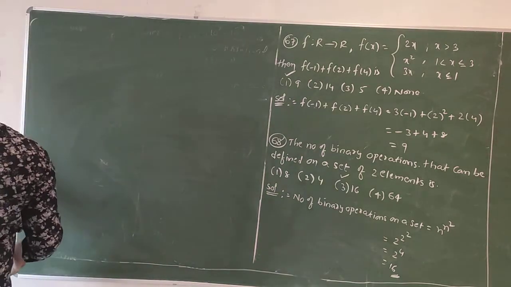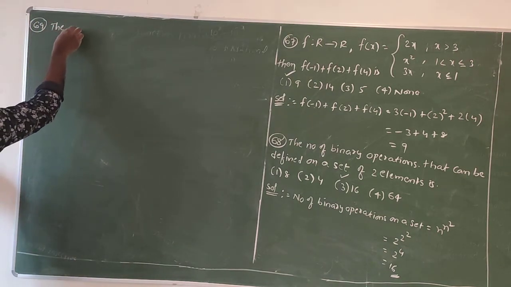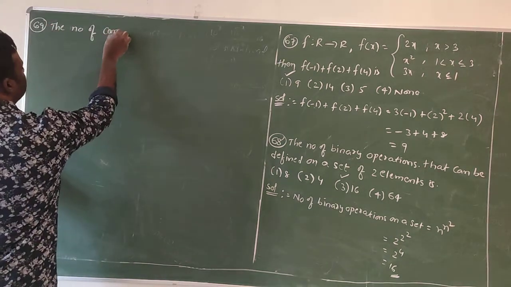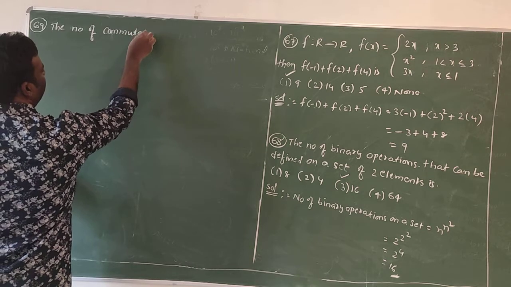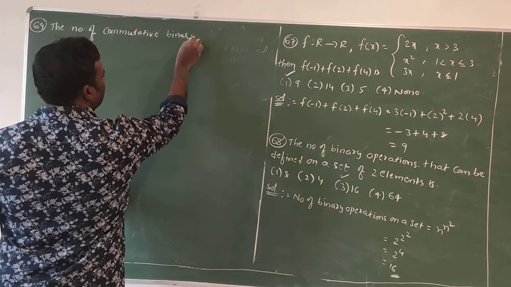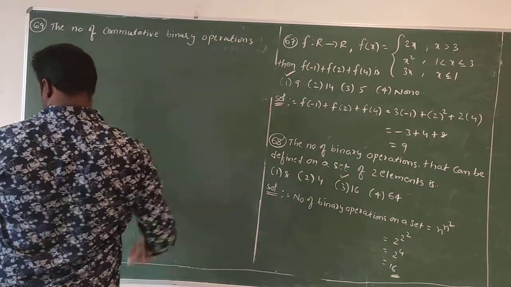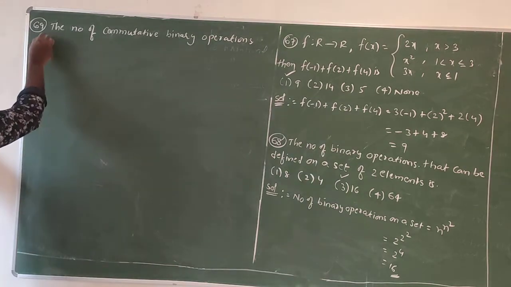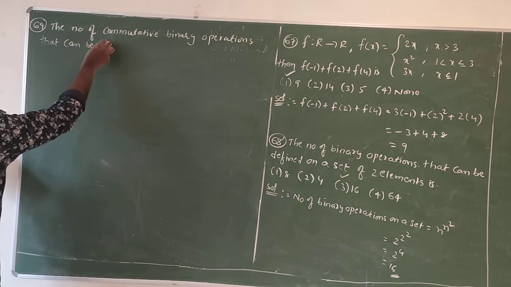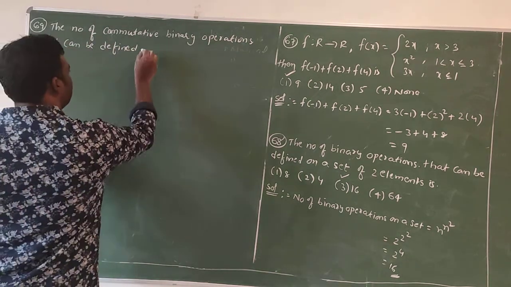Next, 69. The number of commutative binary operations that can be defined on a set of 2 elements.